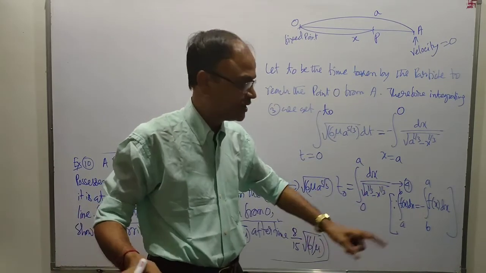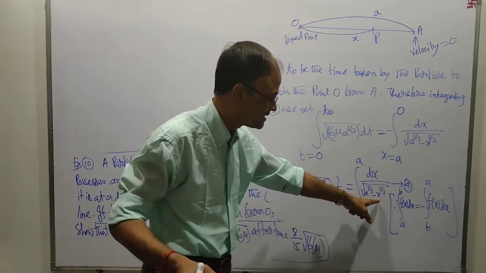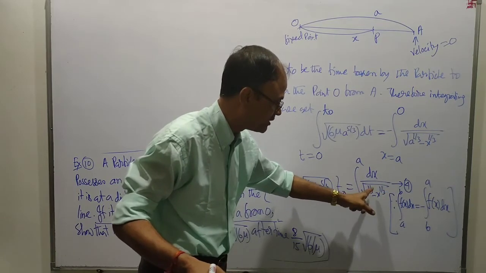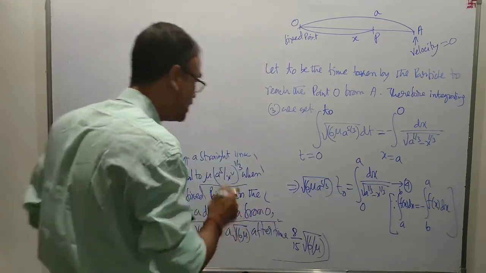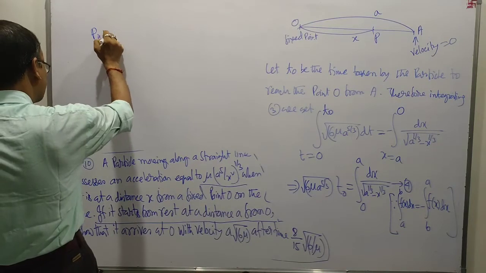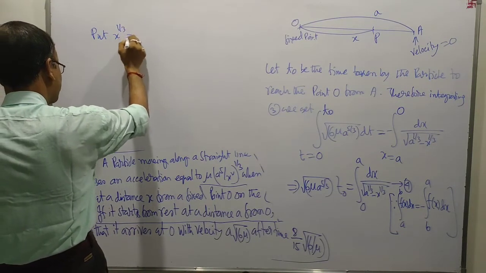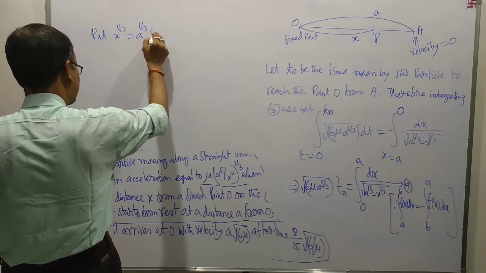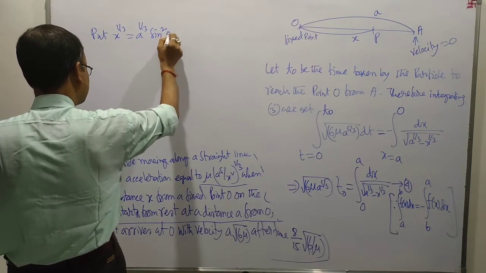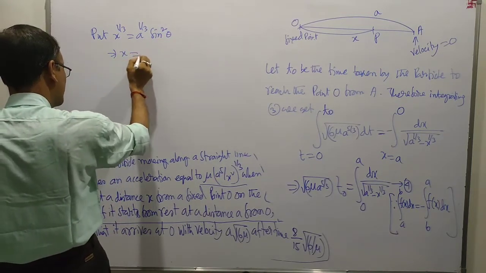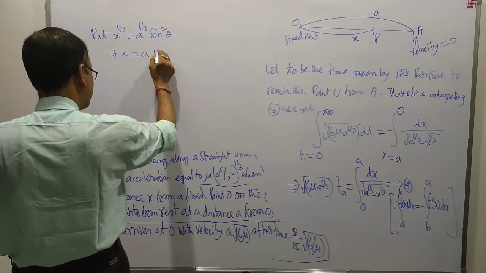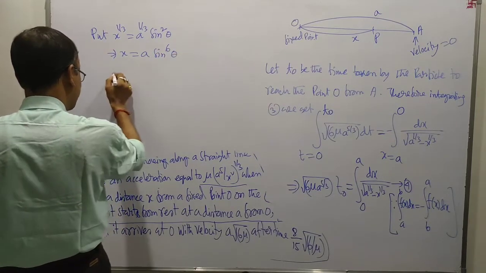What should we put? Put x to the power 1 by 3 equal to a to the power 1 by 3 sin square theta. This means you will have to put x is equal to a sin to the power 6 theta.